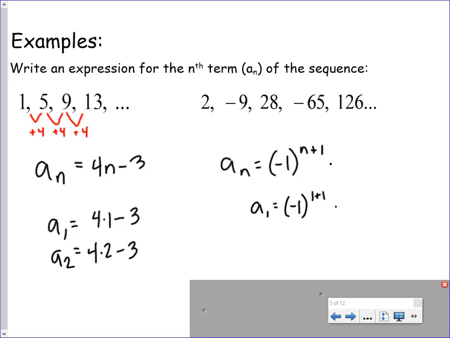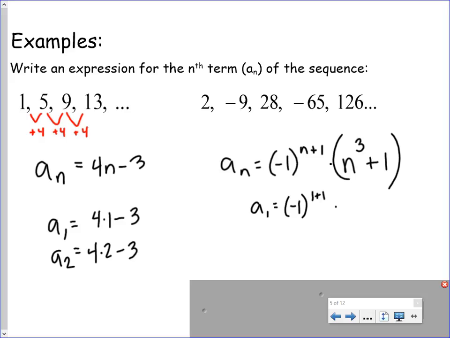What are those numbers? Perfect cubes. Are they related to 2, 9, 28, 65, 126? Close, right? So we'd be doing perfect cubes, n cubed, but we'd also be adding 1, right? It's really n cubed plus 1.